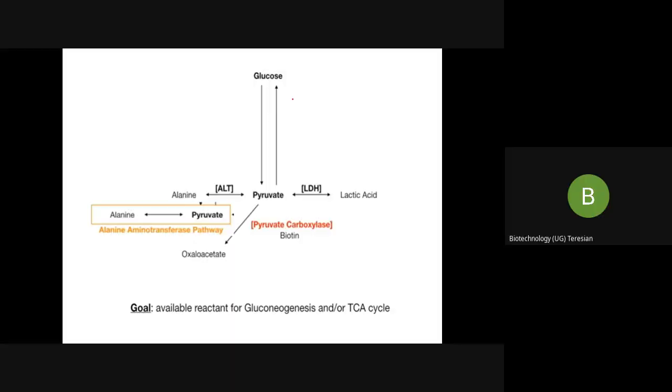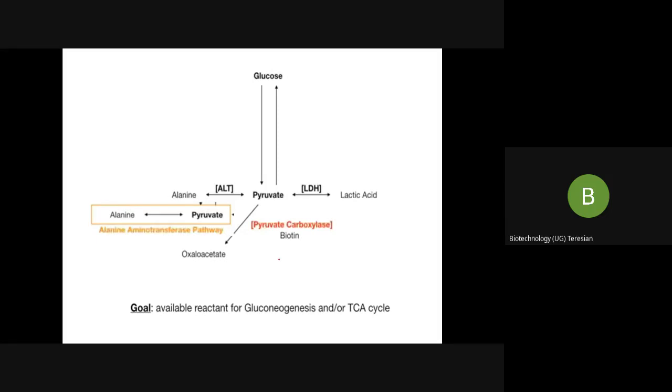See here, when glucose gets converted to pyruvate, that process is called glycolysis. That is, your glucose is breaking down into pyruvate. On the other hand, if your pyruvate is getting converted to glucose, it is called gluconeogenesis, that is the formation of glucose.